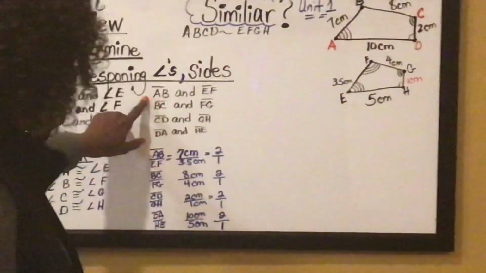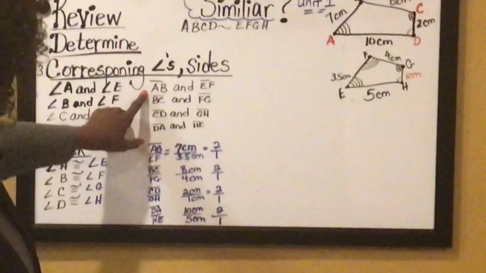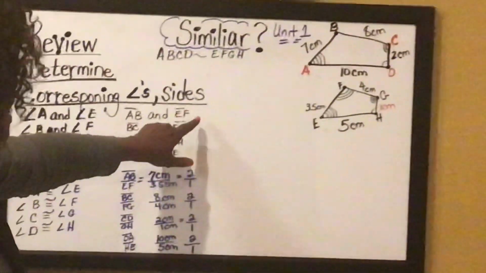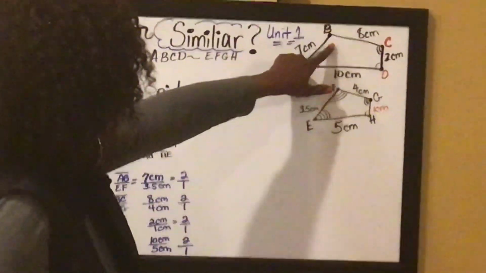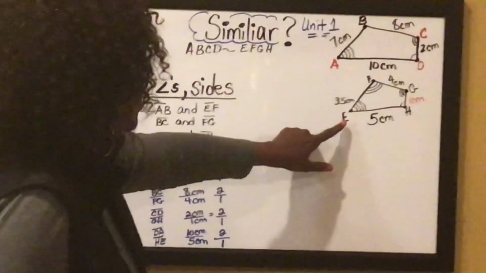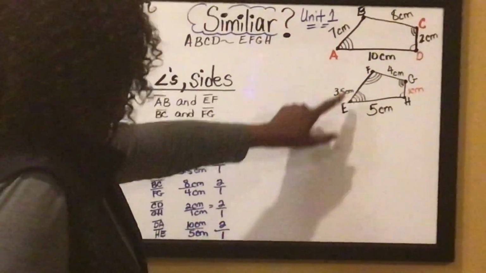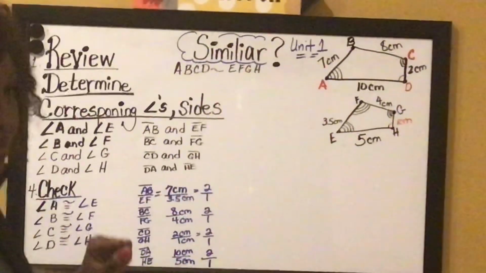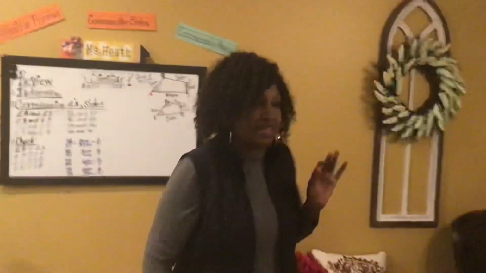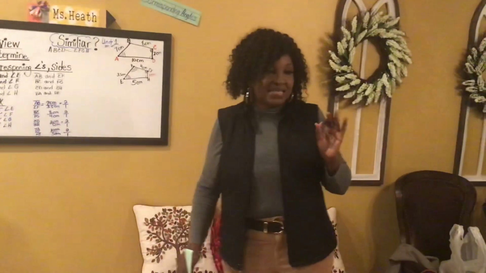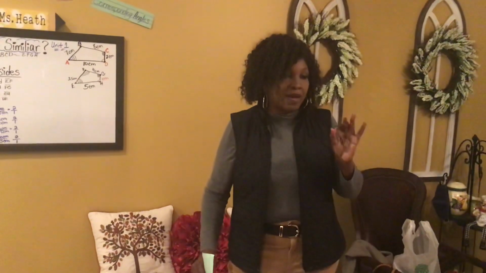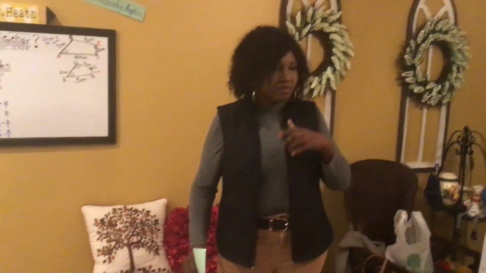So here's AB, and it corresponds with EF. Now, let me dig a little bit deeper to make sure you understand that. When I say that AB corresponds with EF, we're going to start looking at some of the other ones.